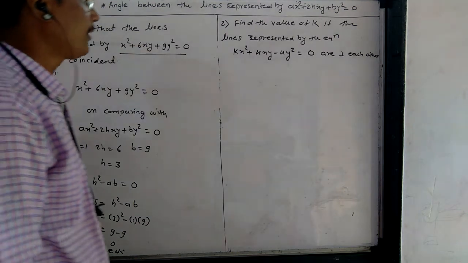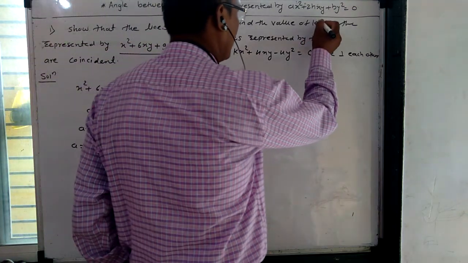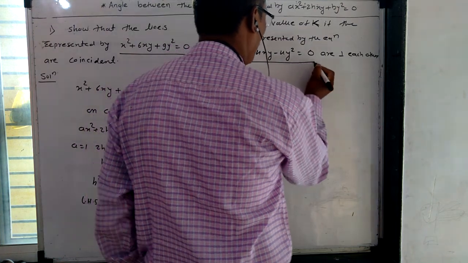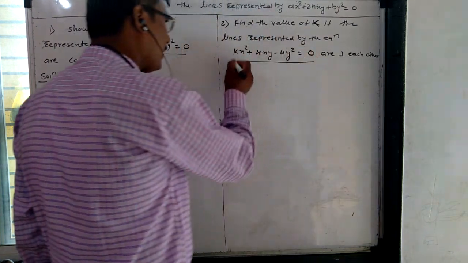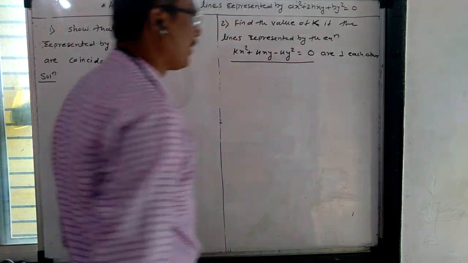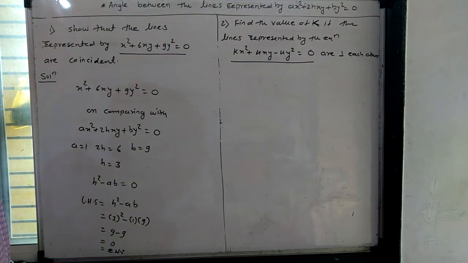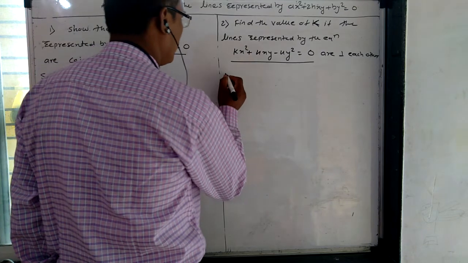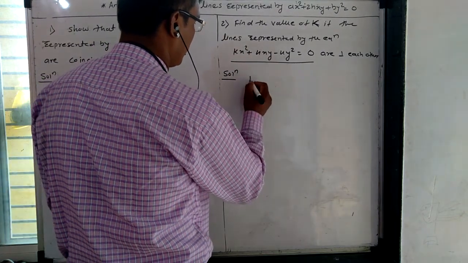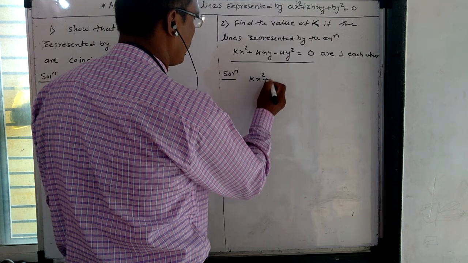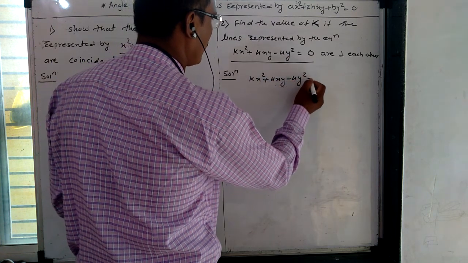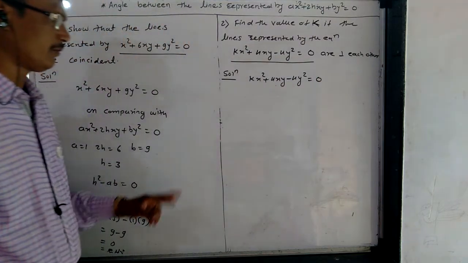आपल्याला यामध्ये k ची किंमत फाइंड करायची आहे, कधी जेव्हा हे जे इक्वेशन आहे हे दोन लाईन रिप्रेझेंट करेल आणि त्या दोन लाईन एकमेकीला परपेंडिक्युलर असतील. ओके. So solution. The given equation is kx square plus 4xy minus 4y square, and this is equal to 0.